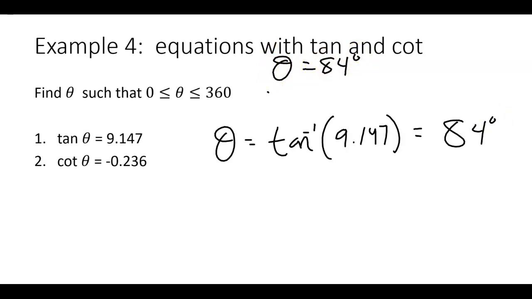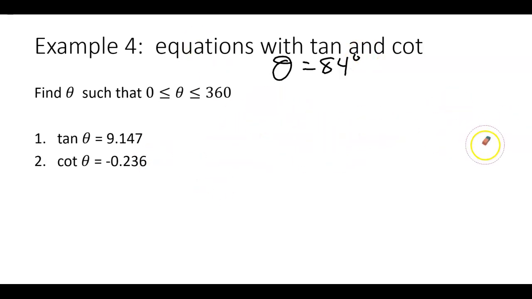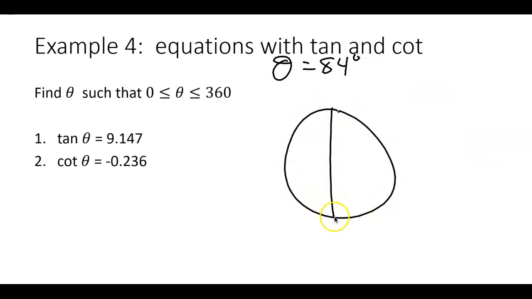All right, so the next step is to sketch that angle. So let's go ahead and find where 84 degrees would be. Where would 84 degrees be located? That would be somewhere maybe right up here, pretty close to the y-axis. Okay, now let's see. So now I want to find the other answer. Now the other answer will be diagonal to it.